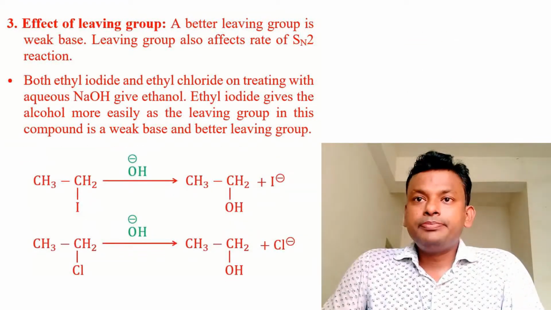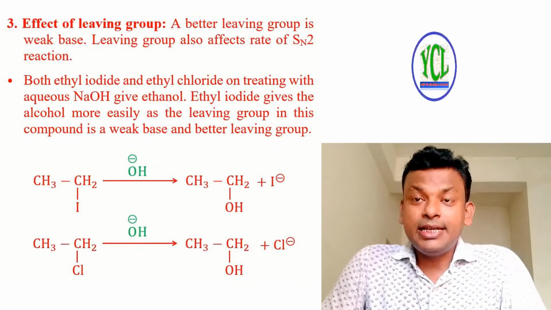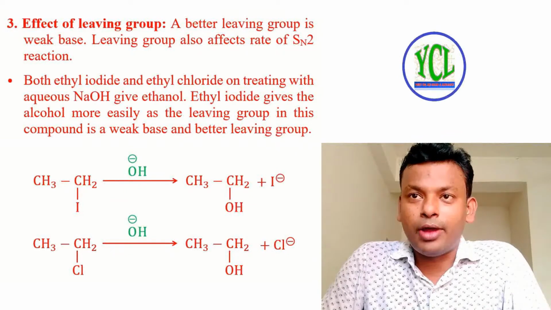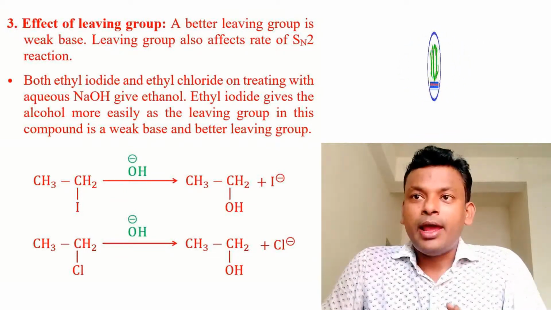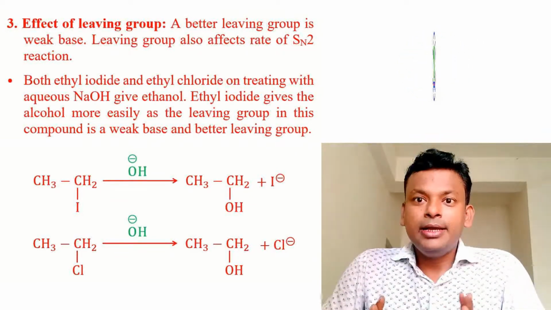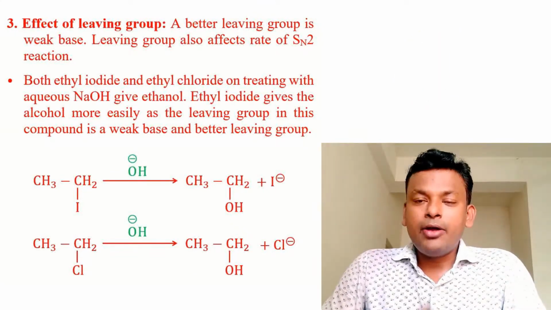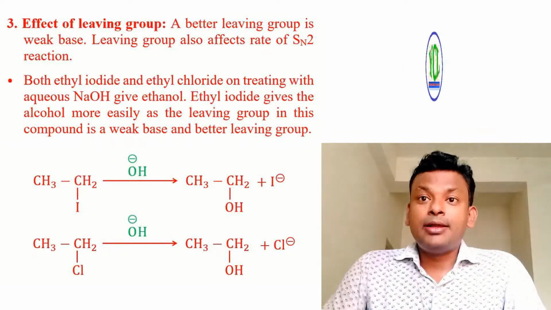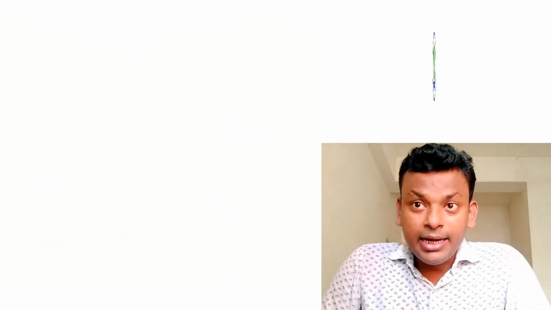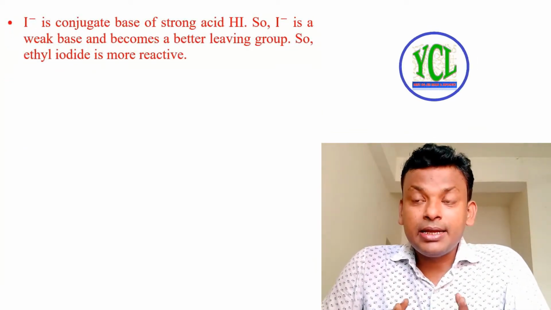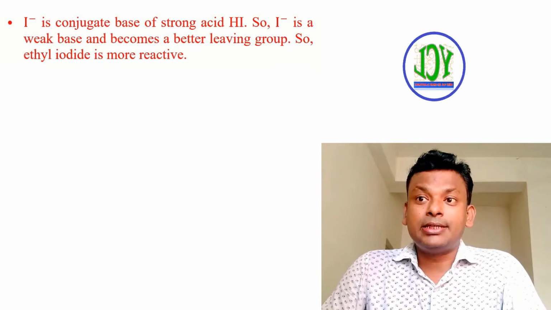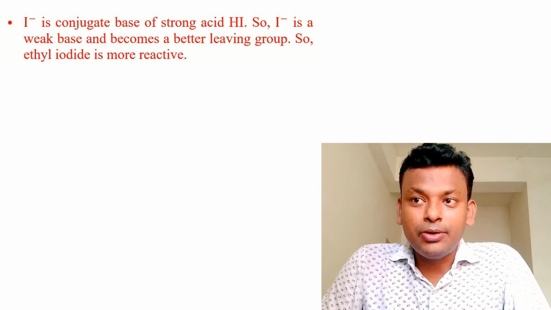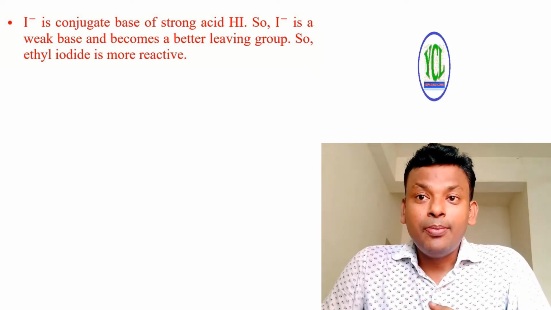Here the example is CH3I, CH3CH2I and CH3CH2Cl; ethyl iodide and ethyl chloride react with OH negative, and here ethyl iodide is better and iodide is a good leaving group, so it shows this reaction. And I negative is the conjugate base of the strong acid HI, and I negative is a weak base, so it becomes a better leaving group, so ethyl iodide is more reactive.